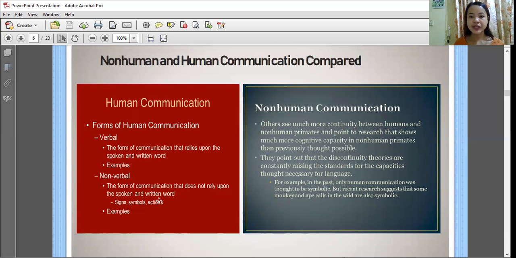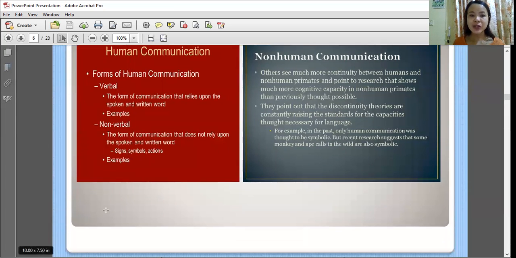They point out that the discontinuity theorists are constantly raising the standard for capacities necessary for language. For example, in the past, only human communication was thought to be symbolic, but recent research suggests that some monkey and ape calls in the wild are also symbolic.